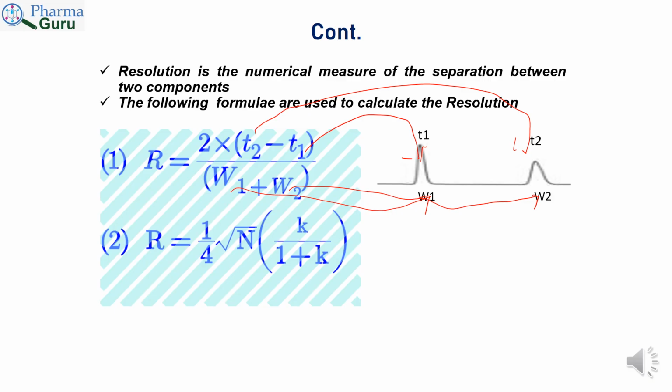In formula 2, R is equal to 1 upon 4 root under n, into k divided by 1 plus k, where n is the column efficiency, k is capacity factor. Out of these two formulas, formula 1 is widely used in the industry to calculate resolution.